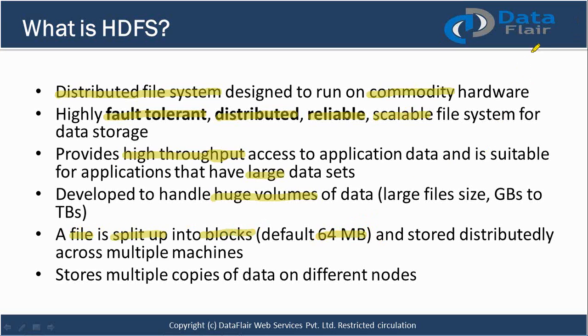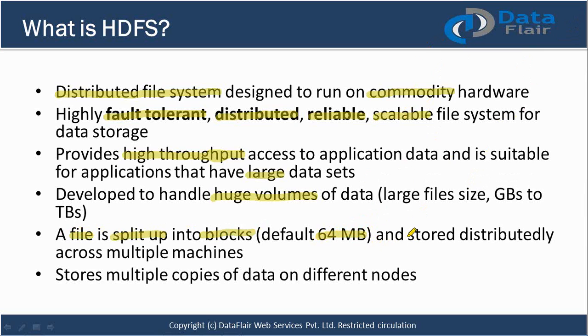By the way, can anyone tell me any general purpose distributed file system? I'm sure all of you have worked on that. So NFS is a distributed file system, that is general purpose.